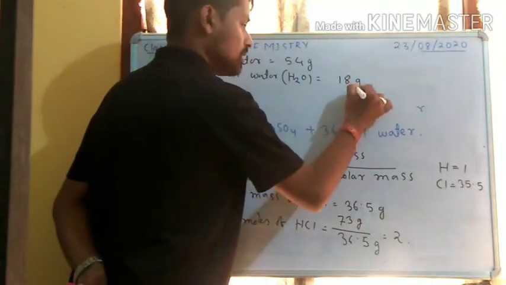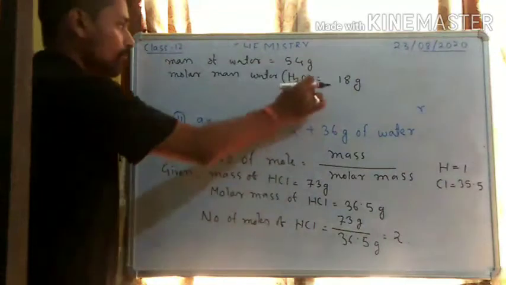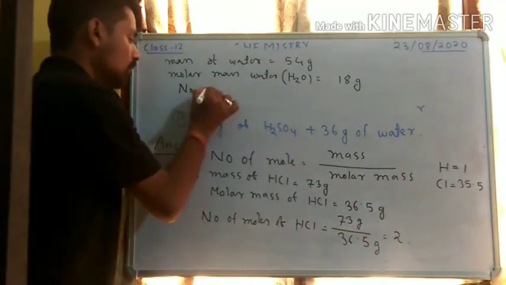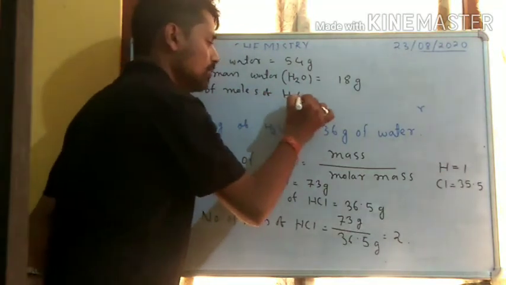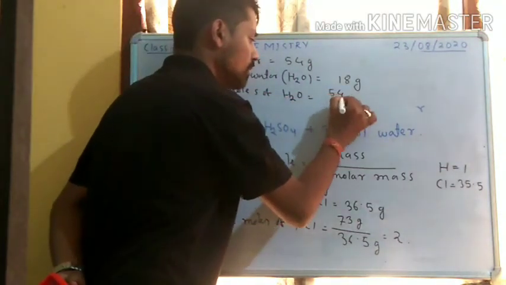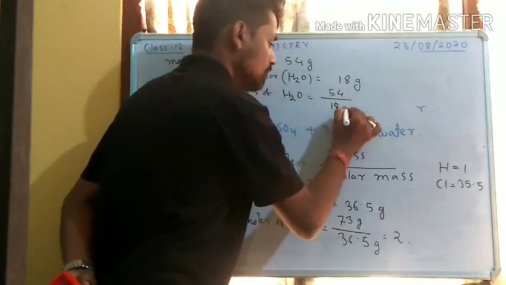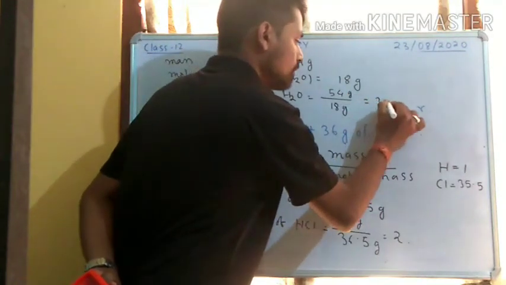We have studied this earlier in class 11. So the number of moles of H2O will be 54, mass by molar mass 18. It is 3 moles.